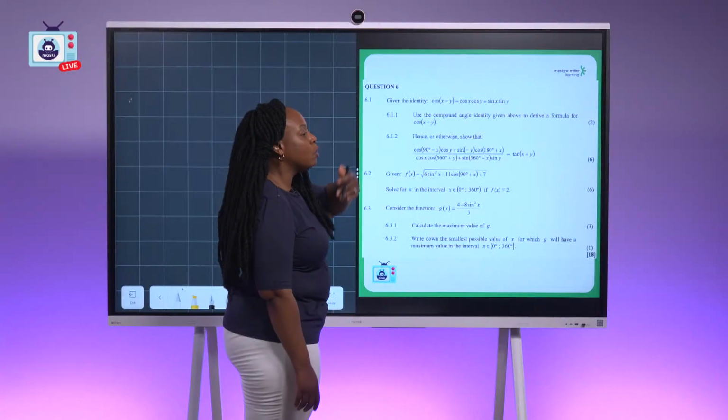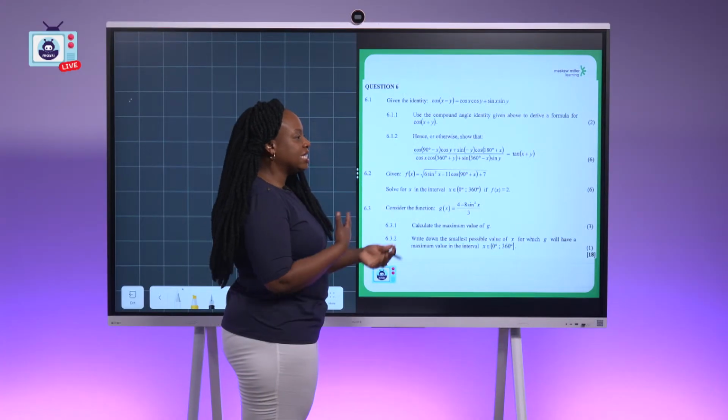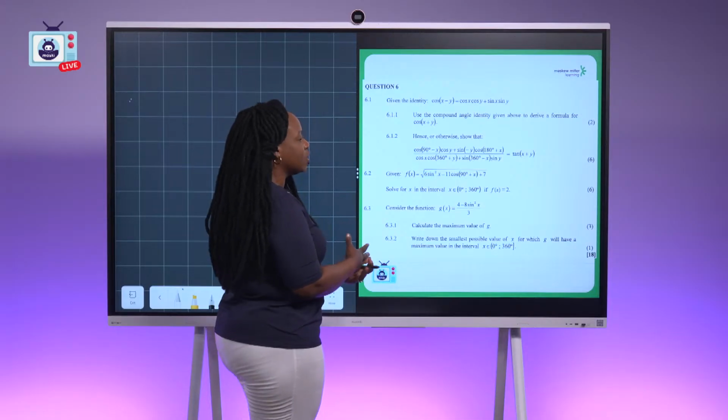But you know why they are asking? Most of your peers were not able to use the compound angle formulas, right? So they now want to see how it's derived. So you can see that with all these changes, they just want you to know.